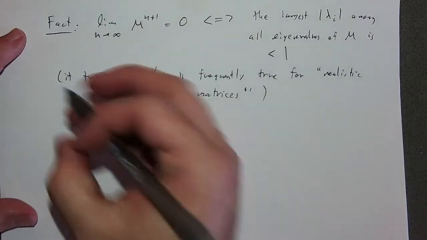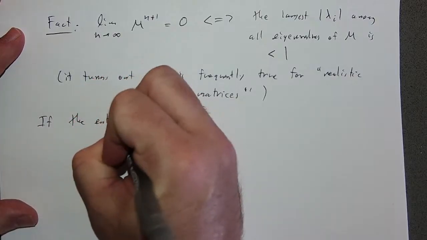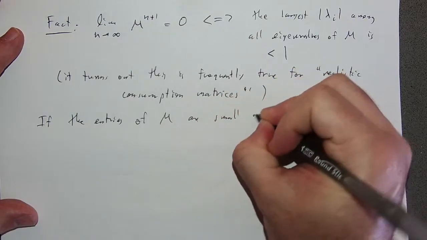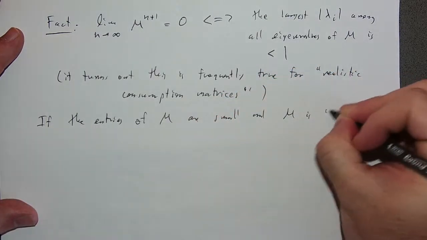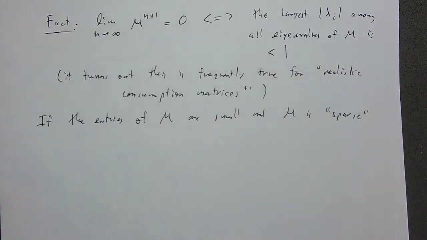Now, if, in addition, the entries of M are small, and M is sparse, or sparse enough, so remember what I said by sparse here. Sparse for a matrix means it has a lot of zero entries, right? What exactly a lot is, or whether the amount of zeros in the matrix counts as a lot for you, might depend on the context, but this is what we mean when we say sparse.